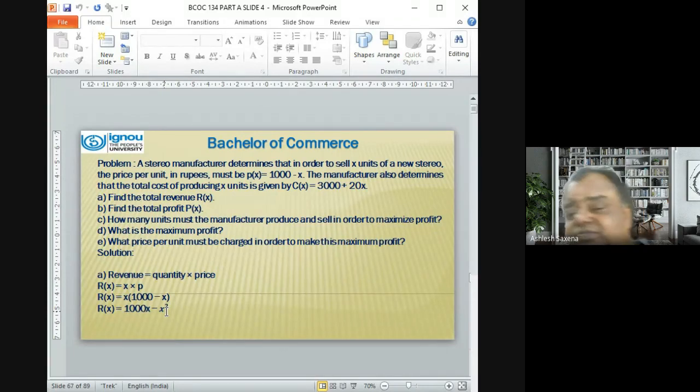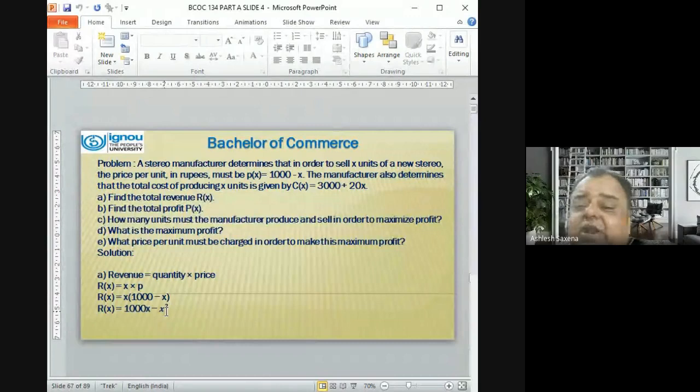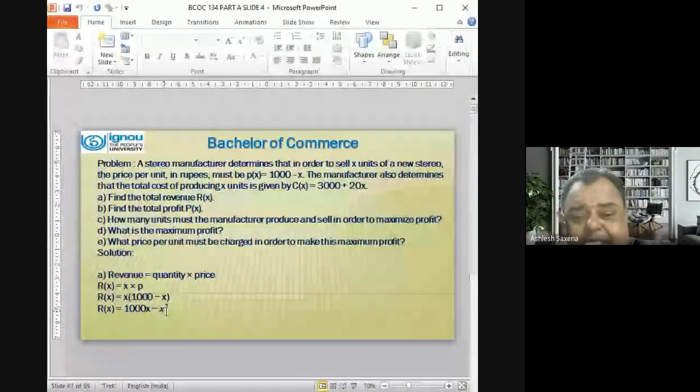Now, what is to be calculated? Total revenue, total profit, how many units must the manufacturer produce and sell in order to maximize profit? What is the maximum profit? What price per unit must be charged in order to make the profit maximum?